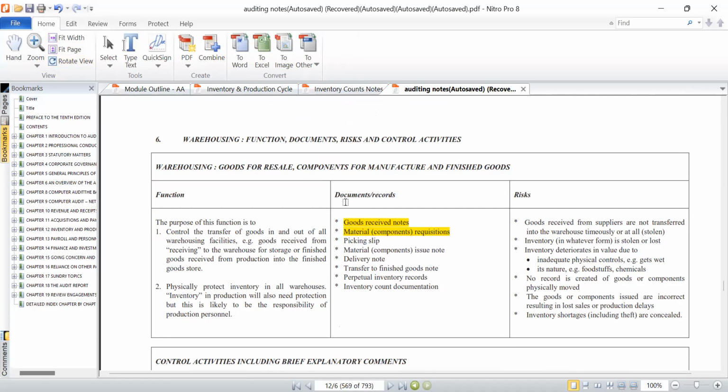To summarize overall, here are the documents you would see: goods received notes, material requisitions, picking slips, material requisition issue notes, delivery notes, transfer to finished goods notes, perpetual inventory records, that's where inventory count comes into the picture, and inventory count documentation. Overall, these are the common documents used in the inventory and production cycle.